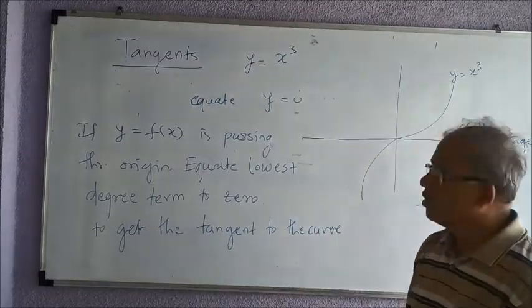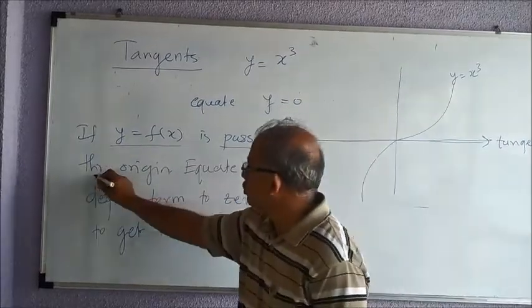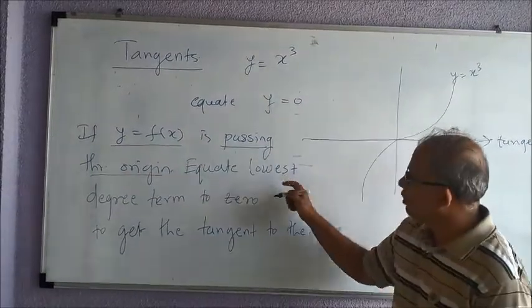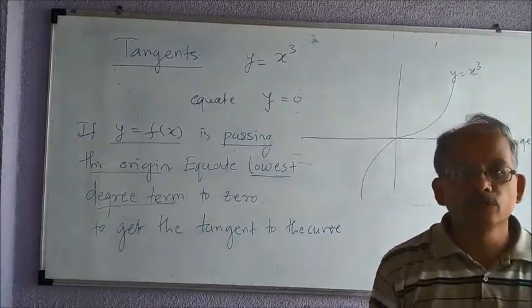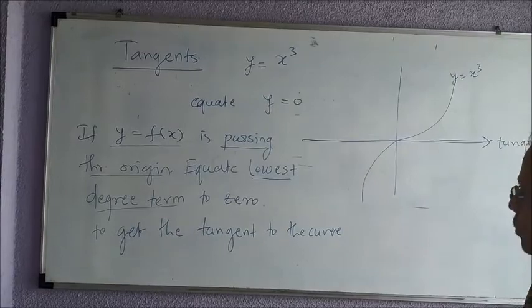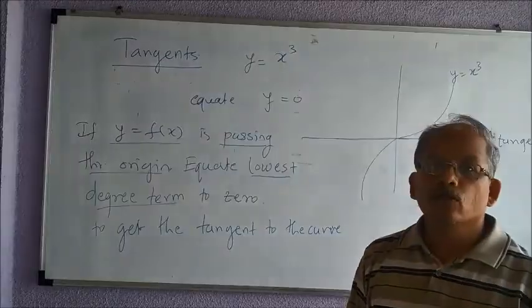So if your y equal to f of x is passing through the origin, you equate the lowest degree term of the equation, and that gives you directly the equation of the tangent. So it's a very simple method to get the tangent to the curve at origin.